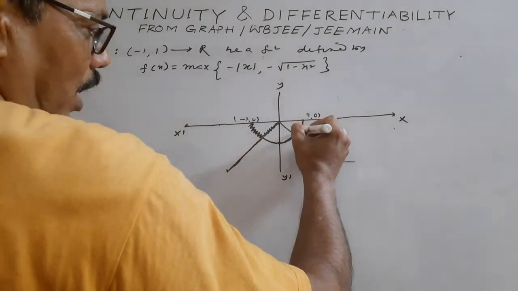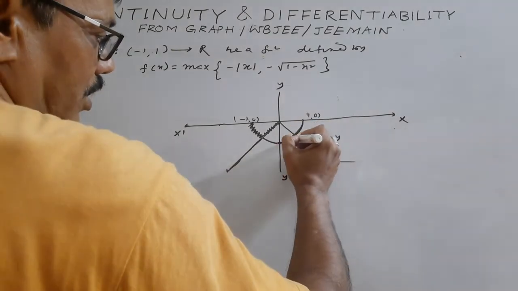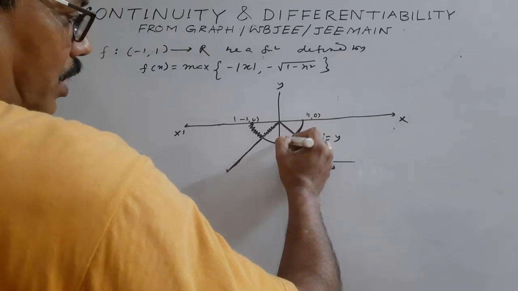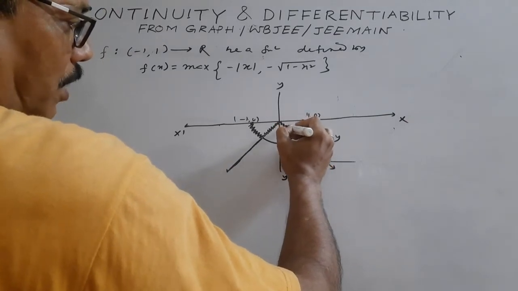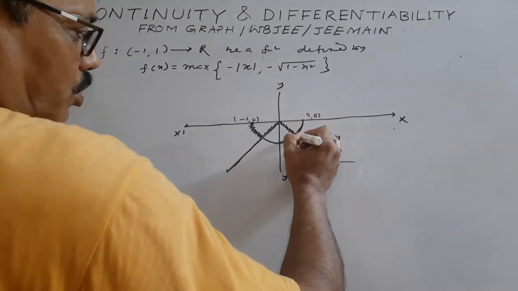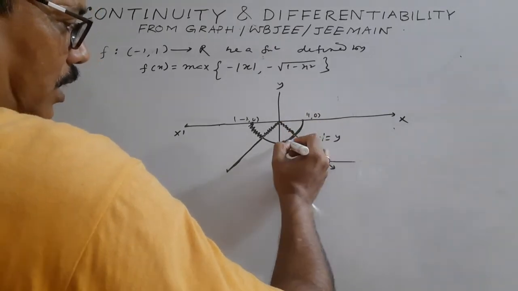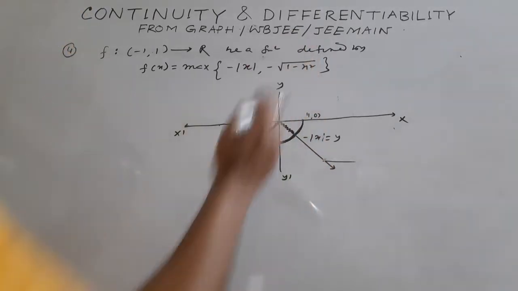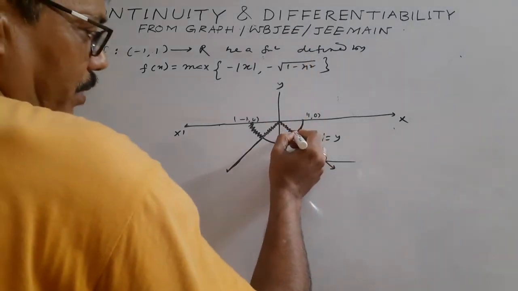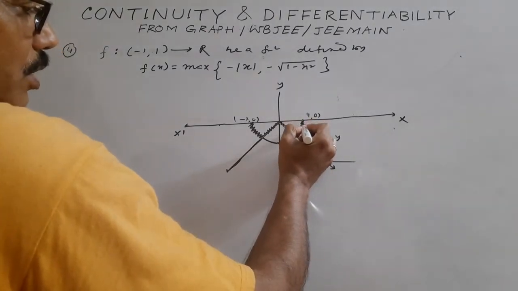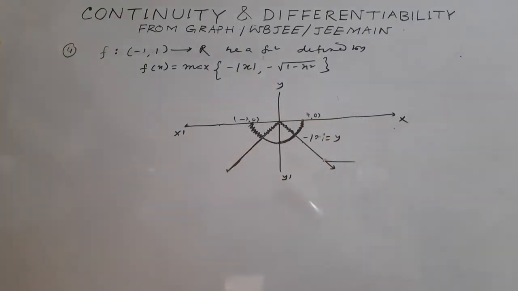Then this one and the mod, what is the maximum? This part. So this is the graph of y equals minus mod x, and this is the semicircle below it. So the maximum is this. Now this part and this part, this one is maximum.